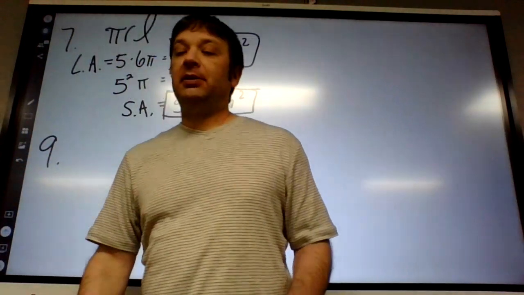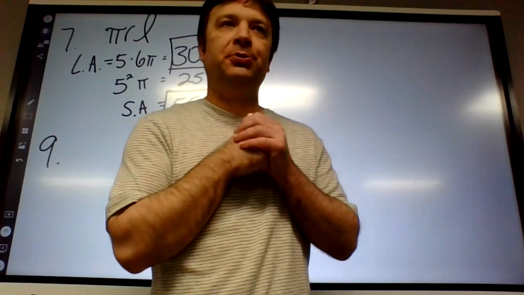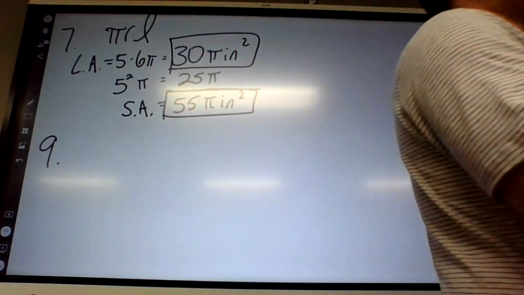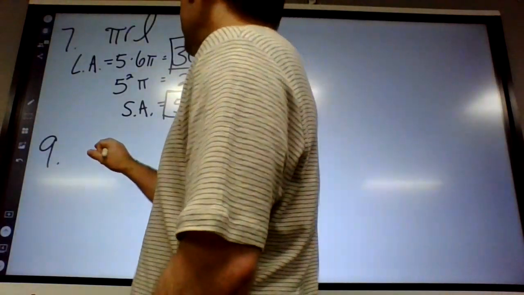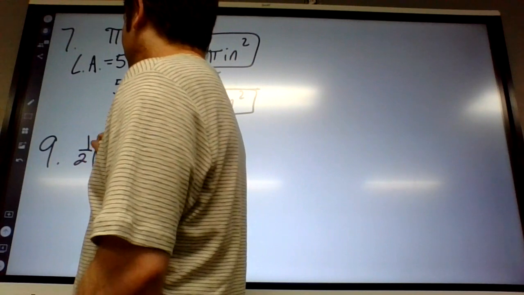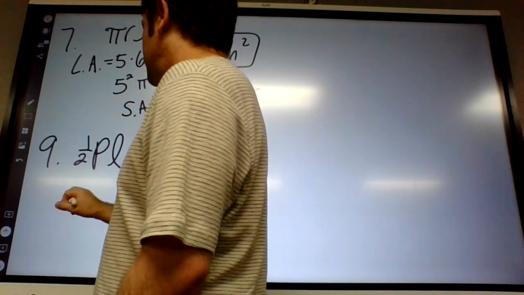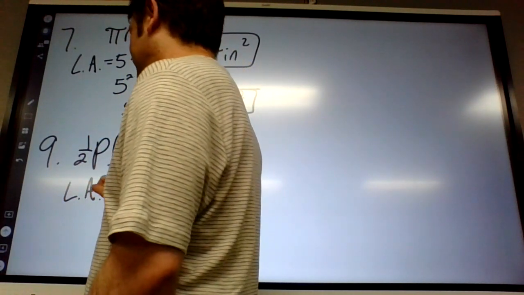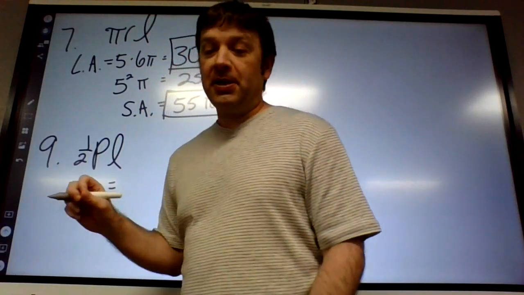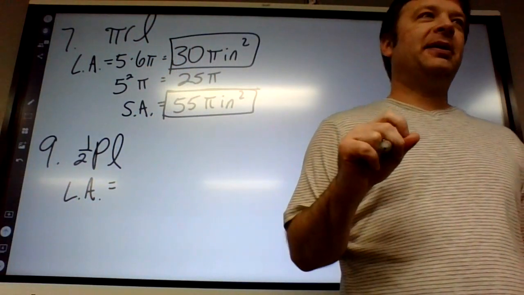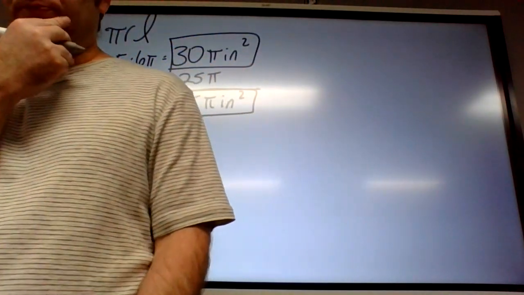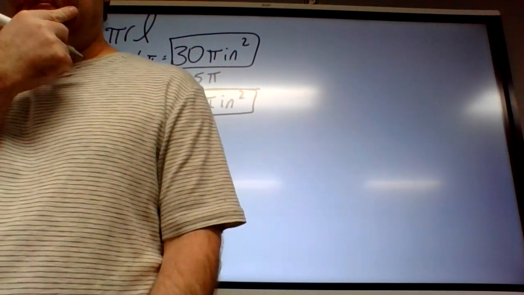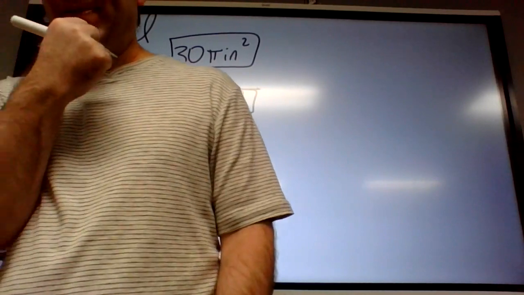Let it shine. Okay, number 9, we are switching to pyramids. So, from your notes, how do we find the lateral surface area of a pyramid? One half perimeter times slant height. Yes. You should write it on your page so you can use it when you do the homework. Alright.